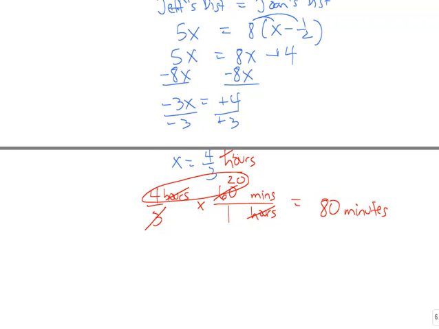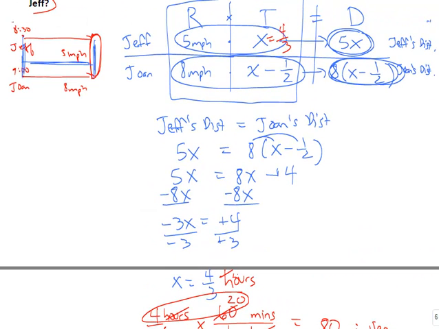So to do that, remember that Jeff was x. His time was that 4/3 hours, or 80 minutes. What time did he start his journey? What time did he leave his house? Jeff left at 8:30. So 80 minutes from 8:30 is when Joan catches Jeff.